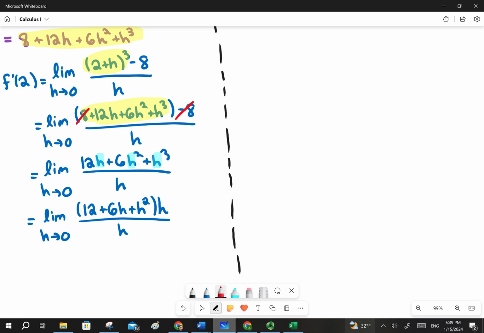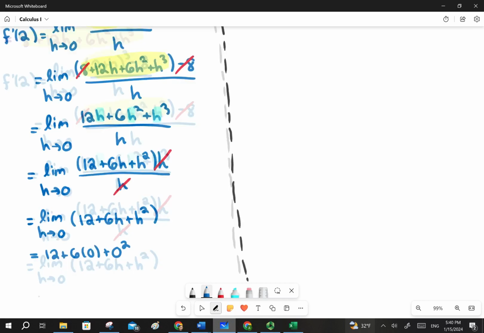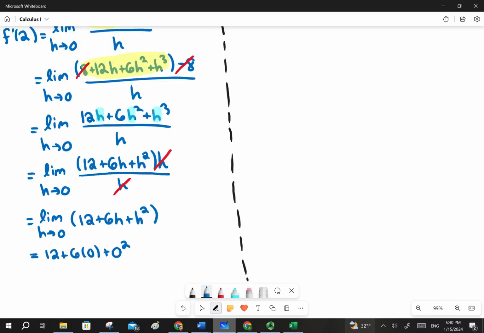And finally, we can cancel the factors of h from the numerator and the denominator to get the limit as h approaches 0 of 12 plus 6h plus h squared, and then let h go to 0 by plugging h equals 0 in and getting our final answer that the tangent line slope at x equals 2 is 12 plus 6 times 0 plus 0 squared, which equals 12.